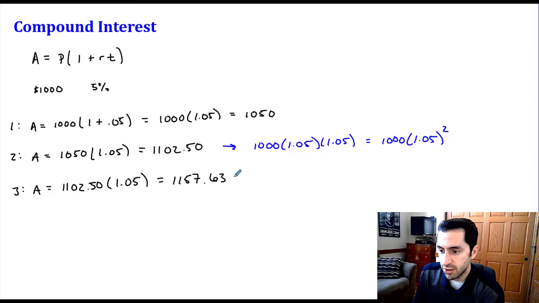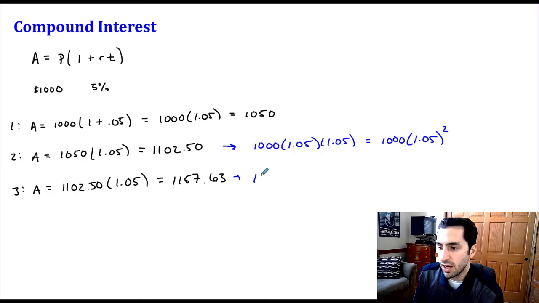In a similar fashion, in year 3, we took $1,102.50 and multiplied that by 1.05. But if I think about where this number came from, that came from our future value in year 2. And where did this one come from? That came from our future value in year 1, so on and so forth.